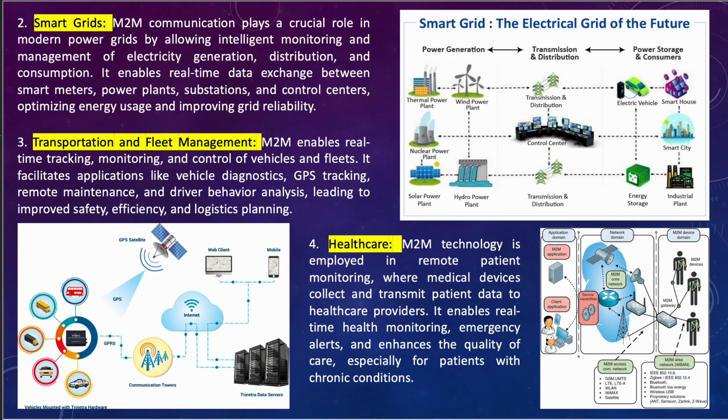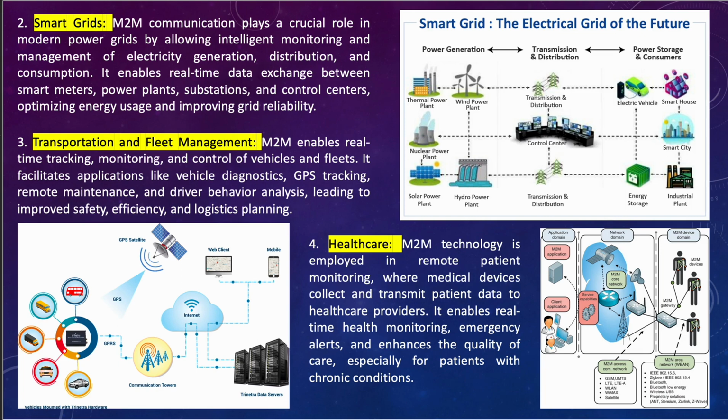So we talked about smart grids as well. From top to bottom we talked about them, and again we stepped into some small problems of whether this is IoT or is this machine to machine, right? So M2M communication plays a crucial role in modern power grids by allowing intelligent monitoring and management of electricity generation, distribution and consumption.